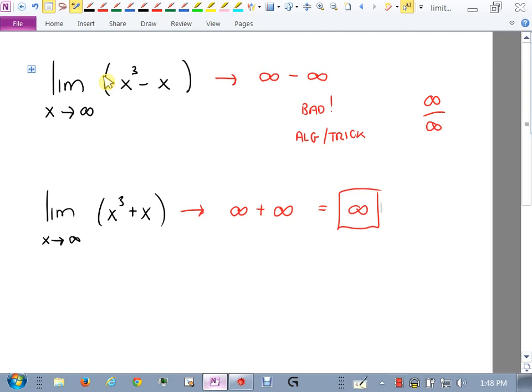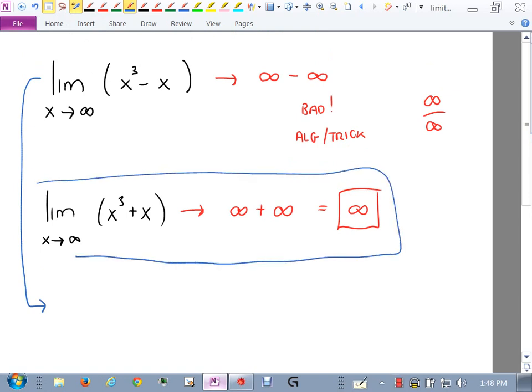Or, yeah, why don't we factor? Look, check this out. Why don't I do this? Take that problem. This one is its own problem. We're done with it. Why don't I factor an x out? If I factor an x out, I'm left with what? X squared minus 1. Now do direct substitution.